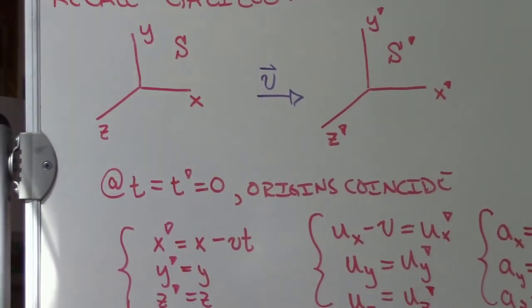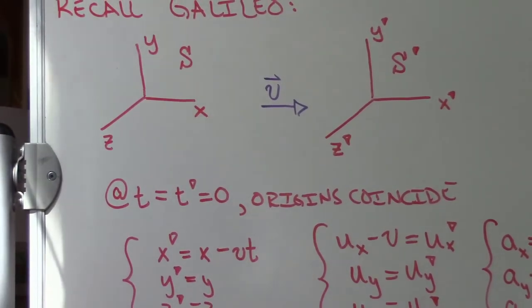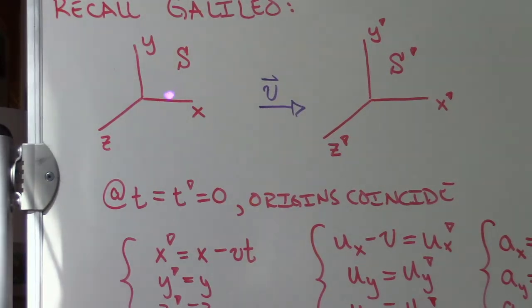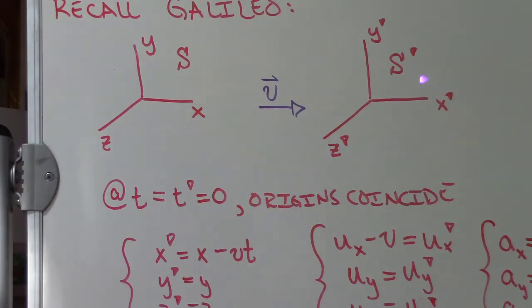And so again, coming back to our little pictogram, the coordinate in x prime is just equal to the coordinate in x minus v times t. So if I were just to pick some coordinate, the x value and the x prime value are related by this statement. And hopefully you can convince yourself that that is true.